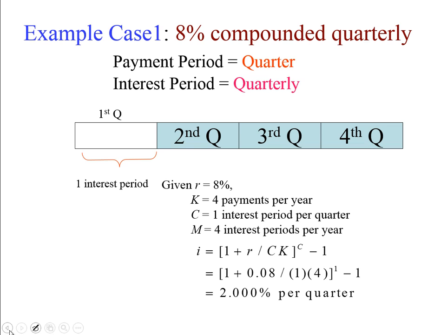Then I will use the formula I is equal to (1 plus R divided by CK) to the power C, minus 1.